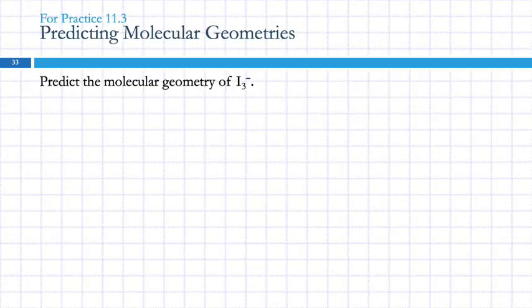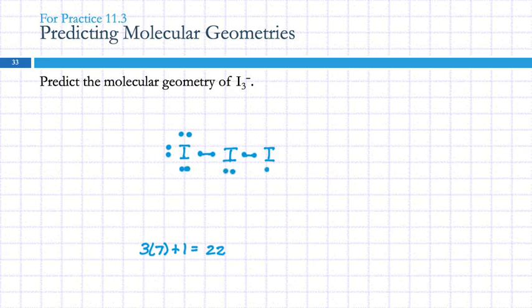Let's try I3 minus. We don't have much choice but to put these iodines in a line. We've got 3 times 7 plus 1 for the charge, so 22. Counting bonds and lone pairs: 2, 4, 6, 8, 10, 12, 14, 16, 18, 20.